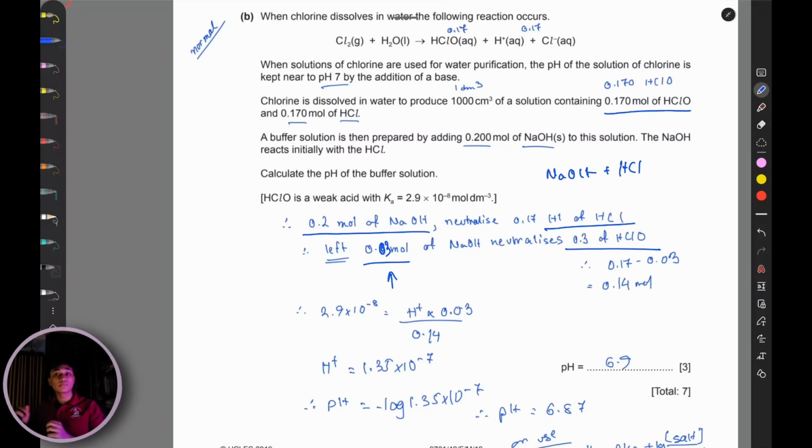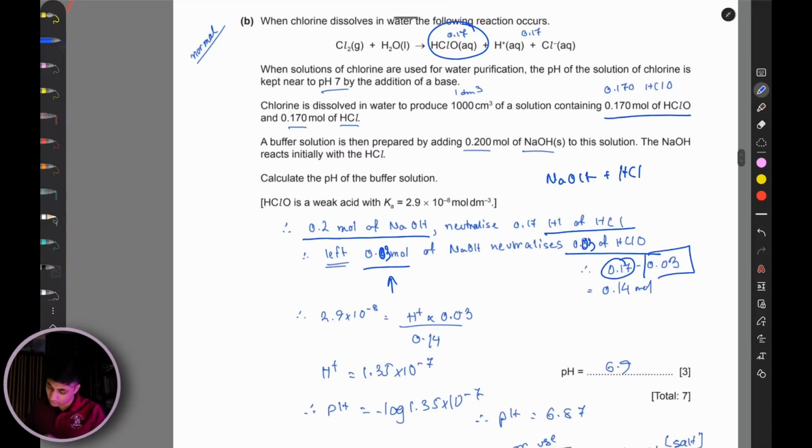Now, after 0.03 moles of HClO has been reacted, what is your leftover amount of acid? That is going to be 0.17, your initial moles of HClO, minus 0.03, because this is the amount that has been reacted to form H2O and NaClO, both of those, salt and water.